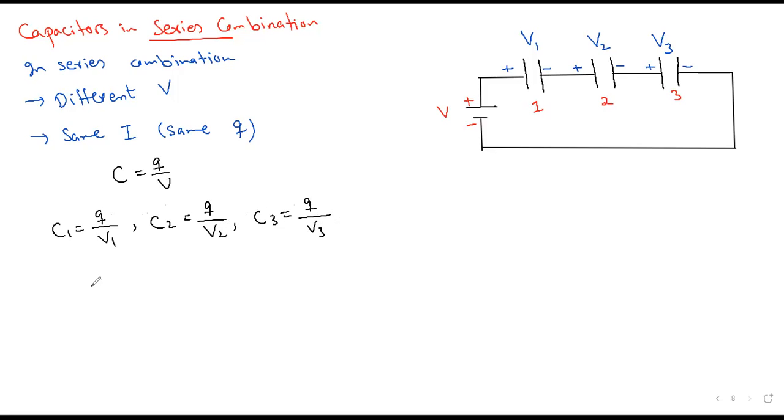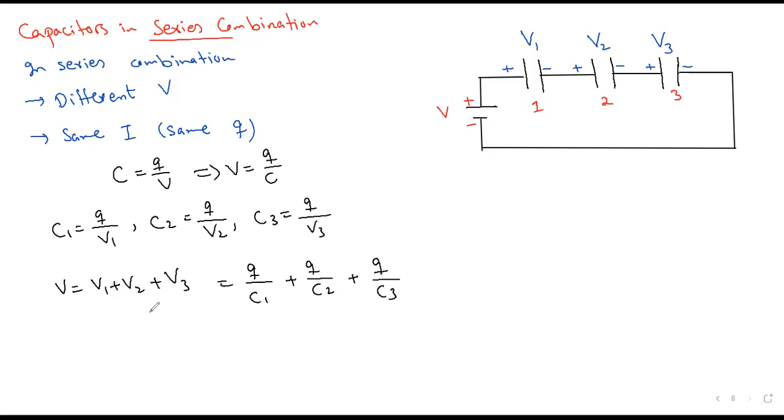And since V is going to be divided, I can write V is equal to V1 plus V2 plus V3, and V will be Q over C. So this will be Q over C1 plus Q over C2 plus Q over C3.